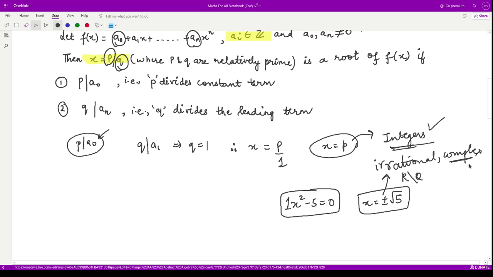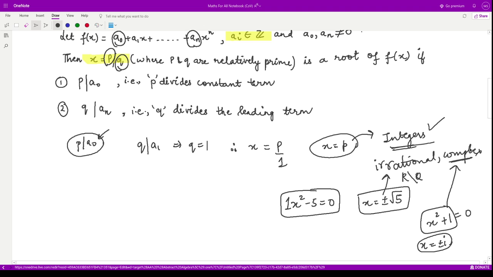And for complex roots, we can have the equation x^2 + 1 = 0. This is a monic polynomial having coefficients in integers, but its roots are plus minus i, so they are complex numbers.